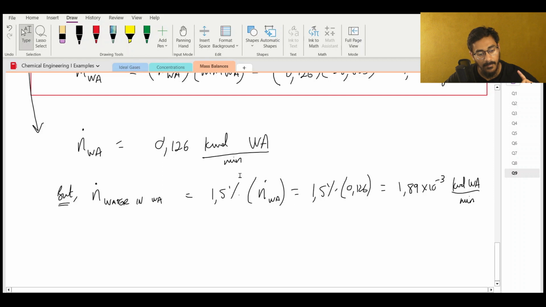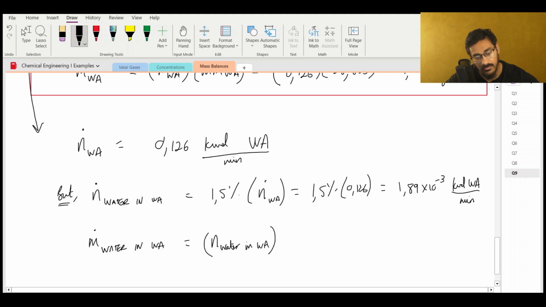Okay. But the question didn't ask me how many moles of water you have in the wet air. It asked me, what is the mass of water in the wet air stream? So that is equal to the number of moles of water in the wet air stream multiplied by the molar mass of water.